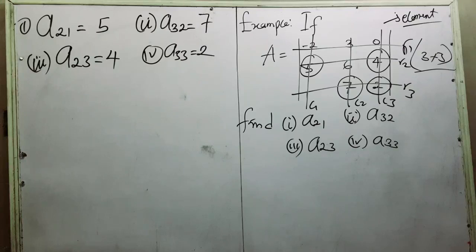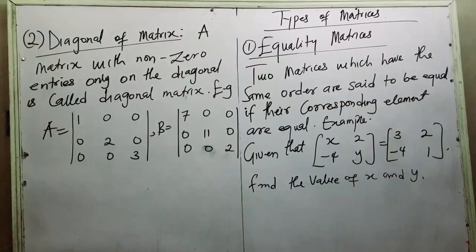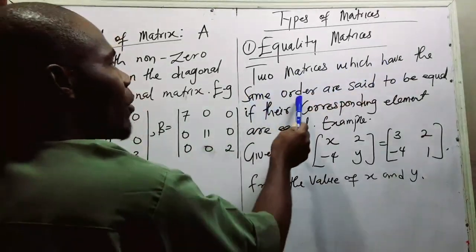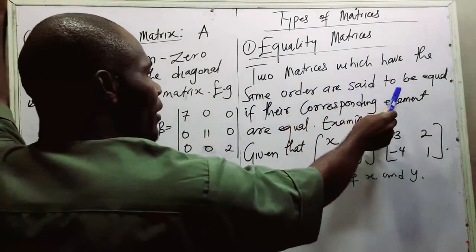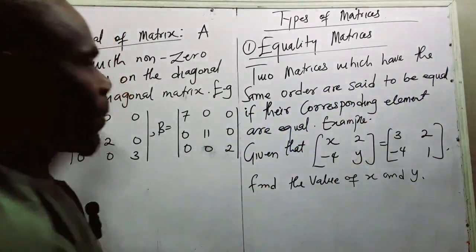So now we go further to the types of matrix. We want to talk a little about the types of matrices. One, we have equality matrices. Two matrices which have the same order are said to be equal if their corresponding elements are equal.